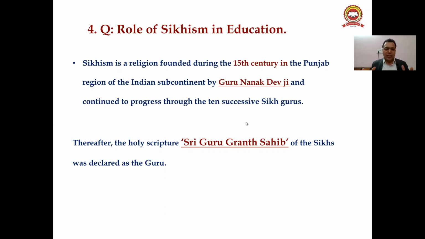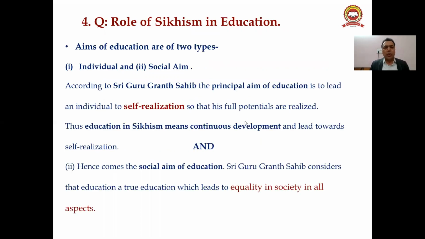After that, the holy scripture Shri Guru Granth Sahib of Sikhs was declared as the Guru. And what is the Sikhism philosophy in education? According to this philosophy, there should be 2 aims of education. One is the individual aim and the second is the social aim.